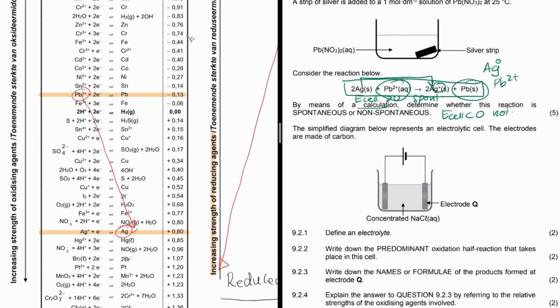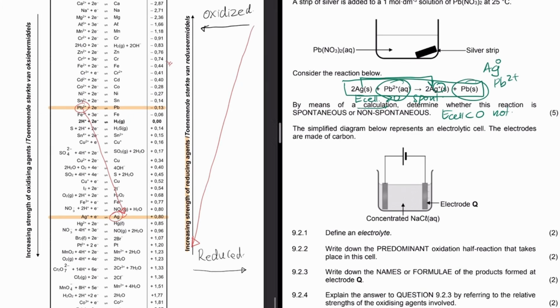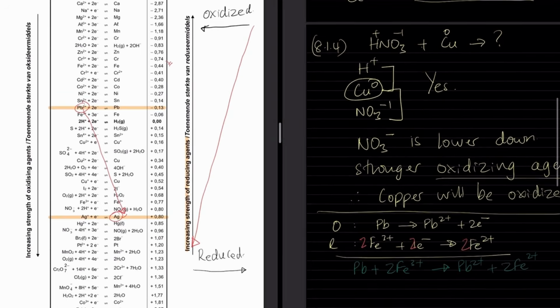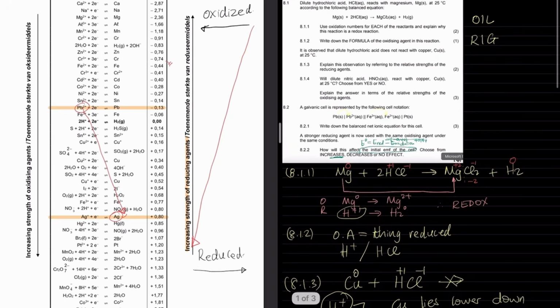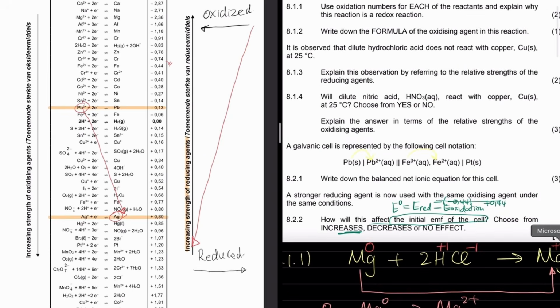But unlike the other one, where they said that the reaction does not occur, when they say that, it means that under those conditions the reaction won't occur.